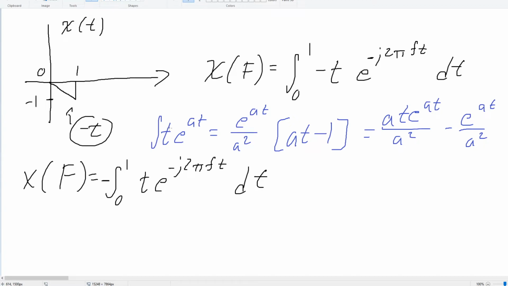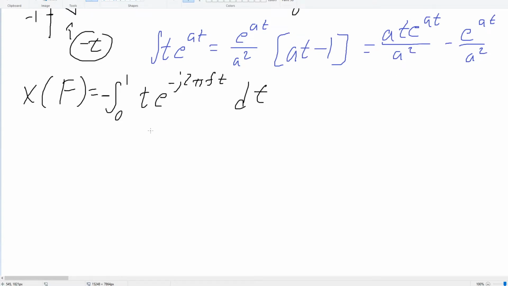So now that we have that, what do we do? So we're going to integrate this, and I said I'm going to use this style because I want to use that style. So we have x of f is equal to, and I have the answer right here, so I'm just going to copy it. So the negative stays on the outside. Then when we integrate it, this negative j 2 pi f, that's going to act as our a, so we just have to fill that in everywhere we see it.